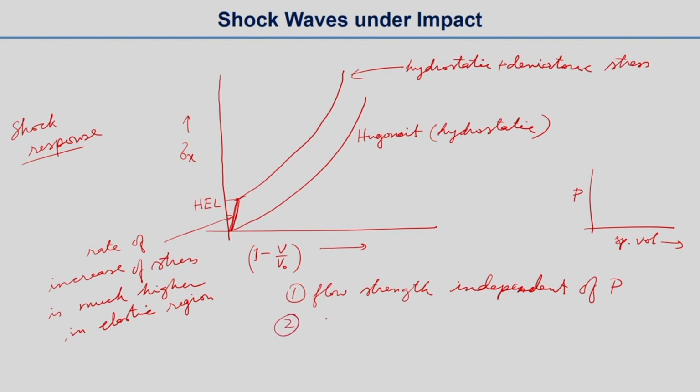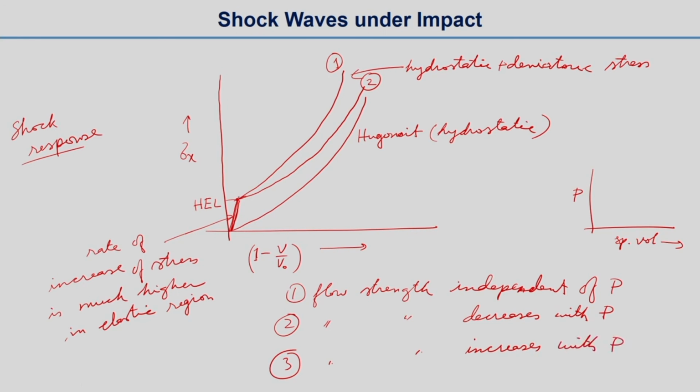The second case is that the flow strength of the material decreases with pressure P, so this curve can look like this. If this is number 1 and this is number 2, then number 3 is that the flow strength of the material increases with pressure, which can be something like this.